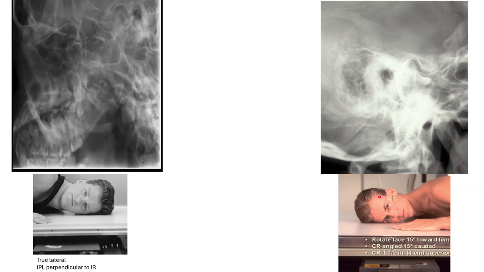See, this ear, as the patient rotates toward the table, this ear, where this TMJ is, would rotate anteriorly. The TMJ of interest rotates posteriorly. So we'll be looking for the TMJ of interest on a law position to be projected more posteriorly than the TMJ that's not of interest.